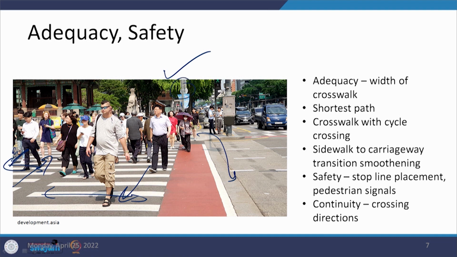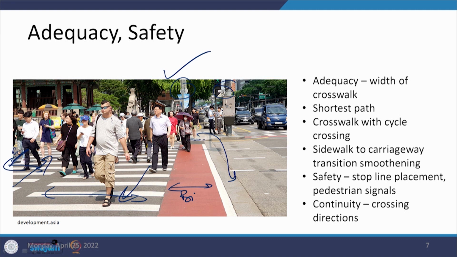There is provision of signals there, and that allows these pedestrians to cross to the other side with safety. There is a textured surface being provided here, and this textured surface can be utilized by the bicyclists. So, we have a facility together for pedestrians and bicyclists here, and this may be for one-way movement. And continuity and connectivity is another aspect.